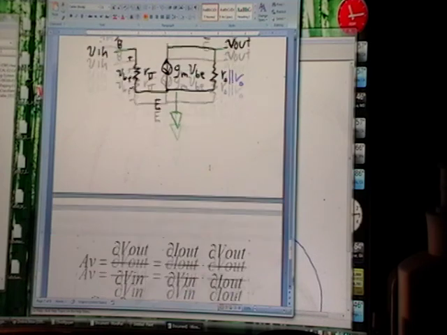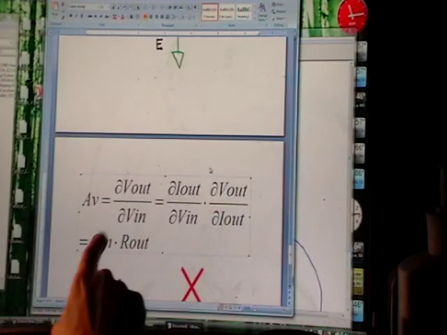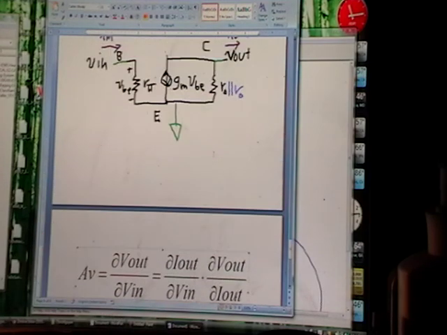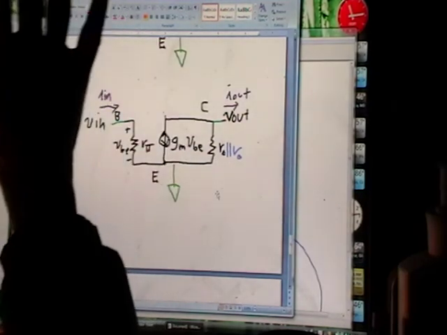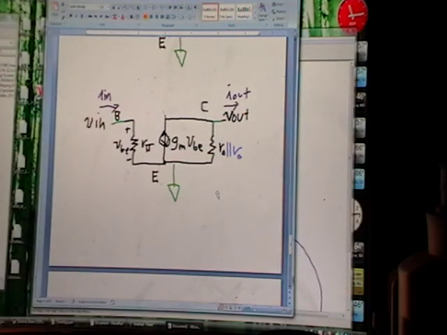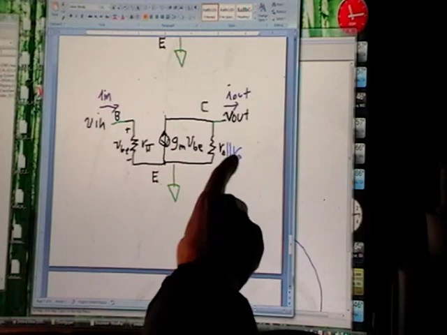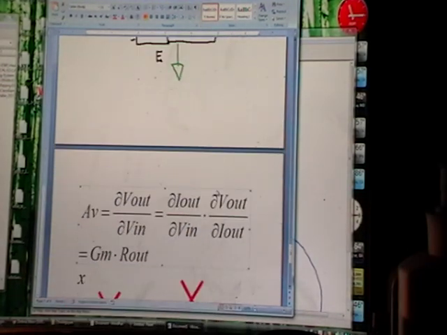And when you put it into this equation, it gives you a big gain. So, moral of the story is active loads, exact same analysis as a passive load, except you use RO instead of R. It gives you a giant resistance, which makes your gain big.